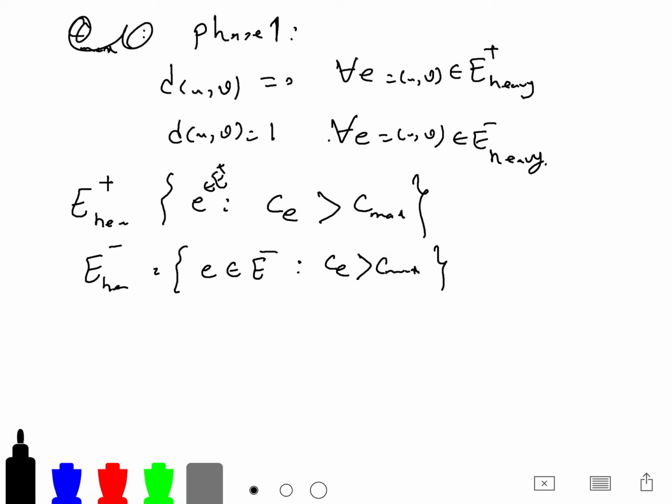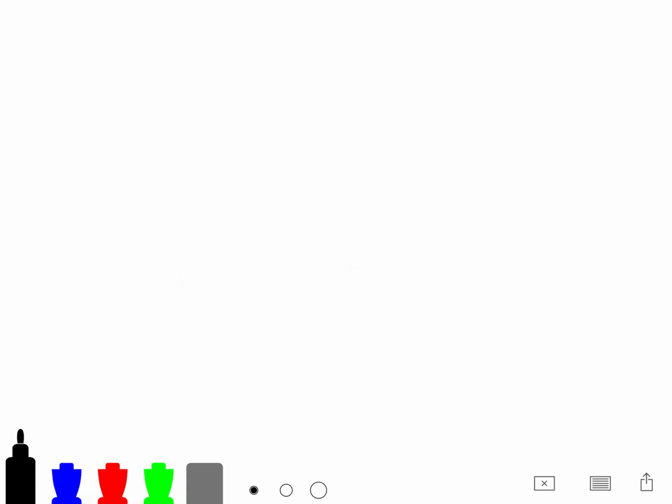So we do binary search until we get a good C max, because once we fix C max, we are ready to go to the second phase, which is layered clustering, and it does the actual job of rounding. So what is phase 2 of this algorithm, which is called layered clustering?